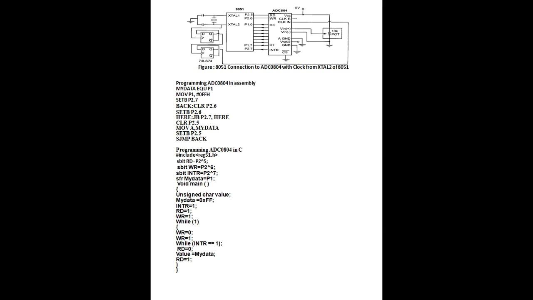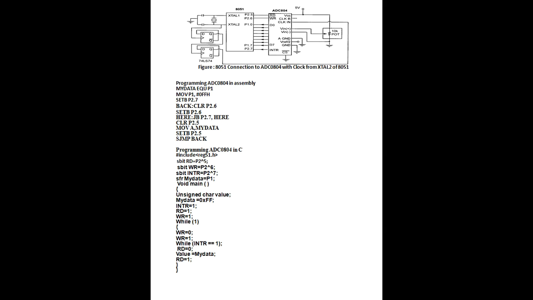The same program written in C: #include <reg51.h>, sbit read pin, write pin, INTR pin, and my data pin connected to particular bits of ports, and data is taken from P1, and here make it an input port. So my data is equal to 0xFF, INTR should be 1, RD should be 1, WR should be 1.